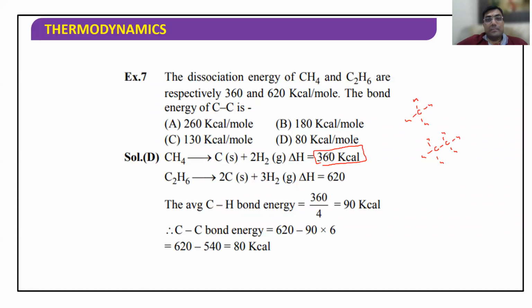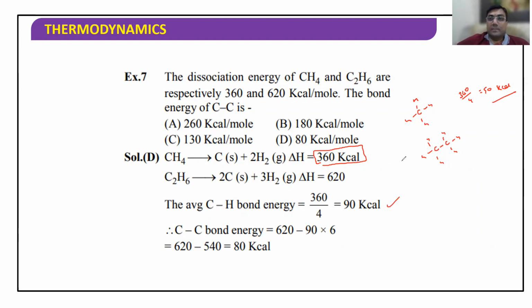Do you agree or not? So 360 is for how many bonds you are breaking here? 4 bonds. 360 by 4 gives 90. So 90 kilocalories is for 1 C-H bond. Agree or not?